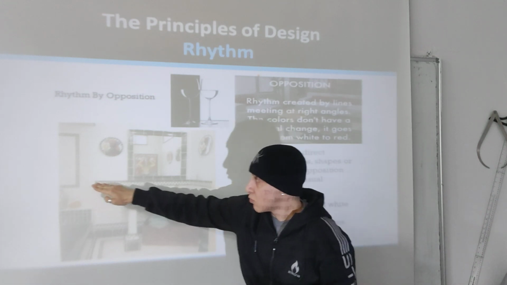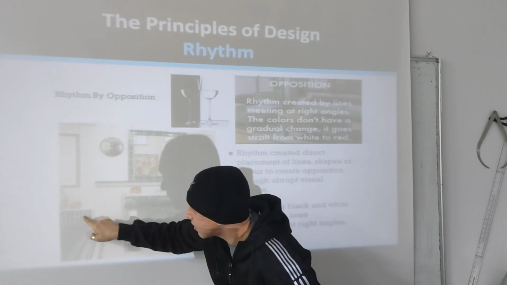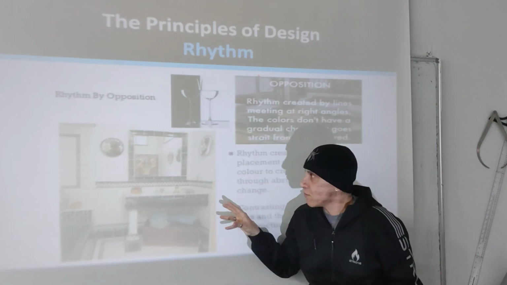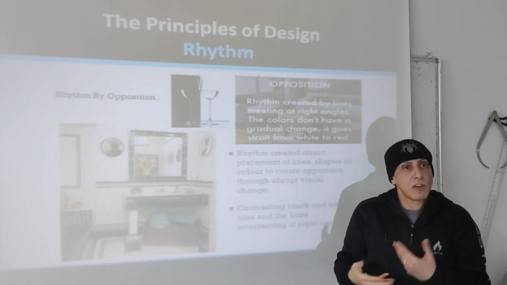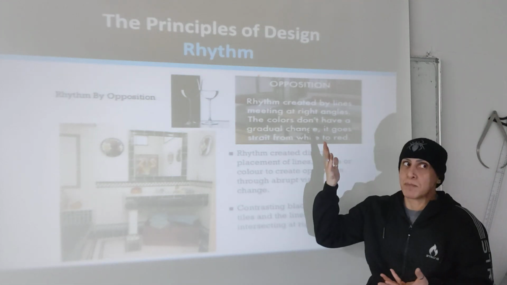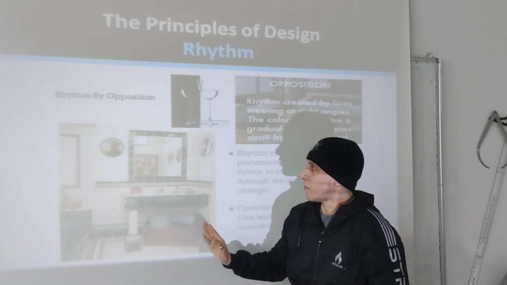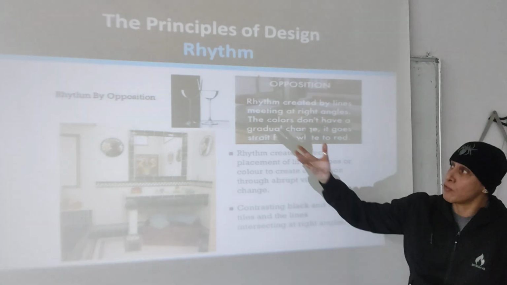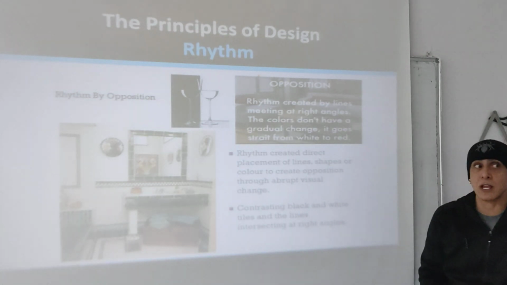This line with this line, 90-degree lines. And here we have squares, a lot of squares. Repetition of elements. So we have repetition of an element of design, meaning there is a rhythm. But which type? Then we see the sharp angles, we see the sharp color transitions. So we know we have rhythm by opposition here, okay?